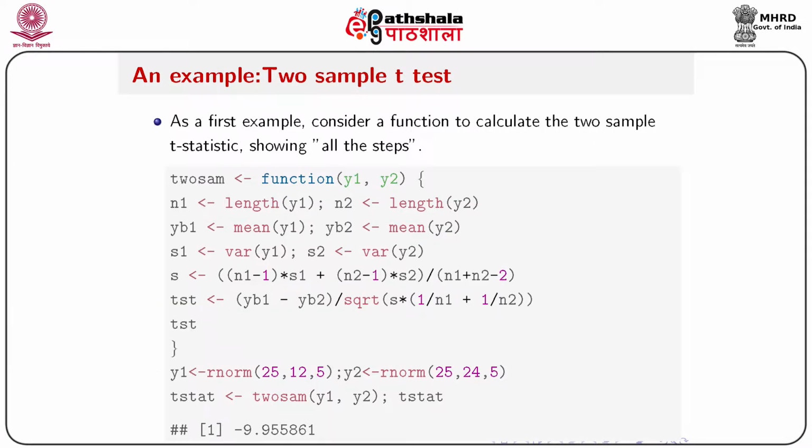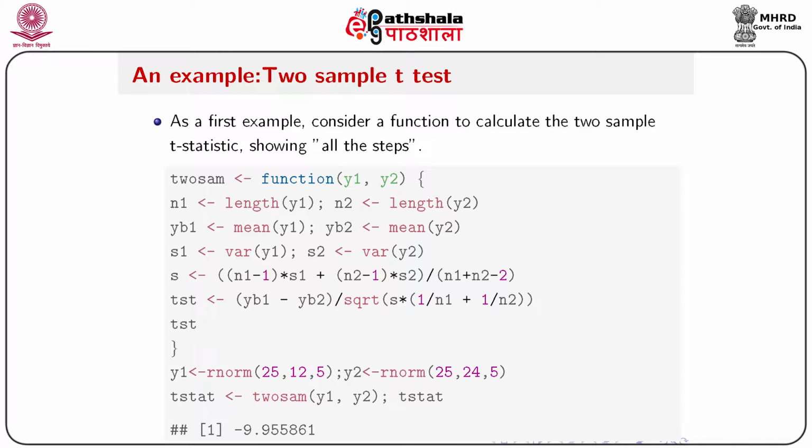As a first example, consider a function to calculate the two sample t-test showing all steps the way we calculate by calculator. Let's define a function named 2sem, function with passed values y1 and y2.